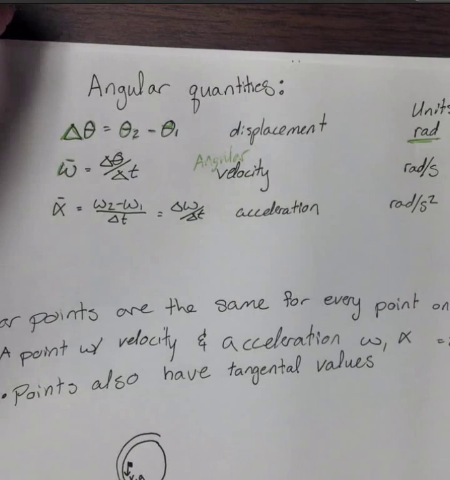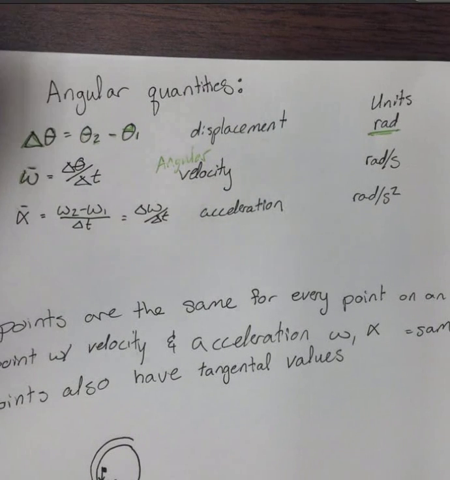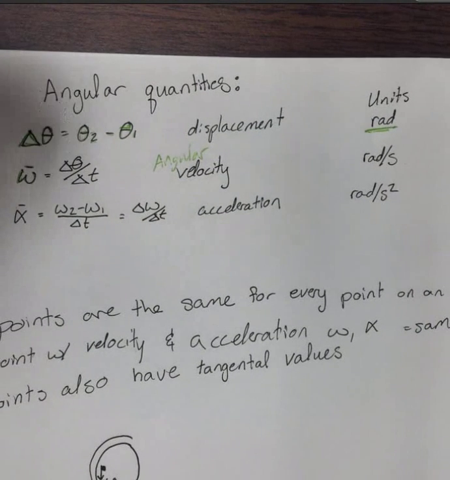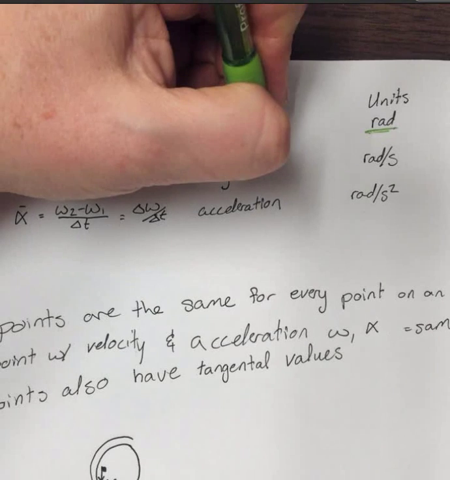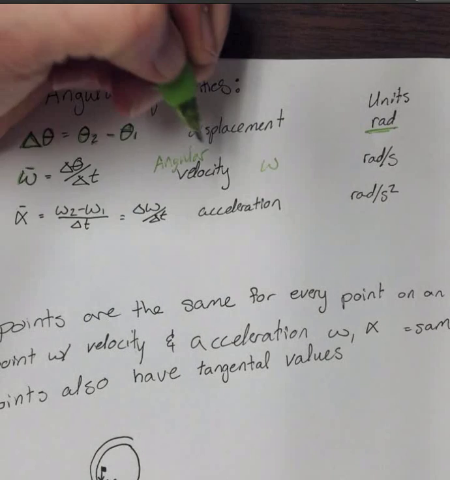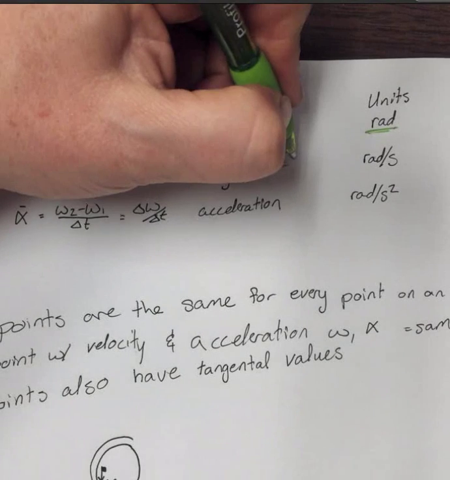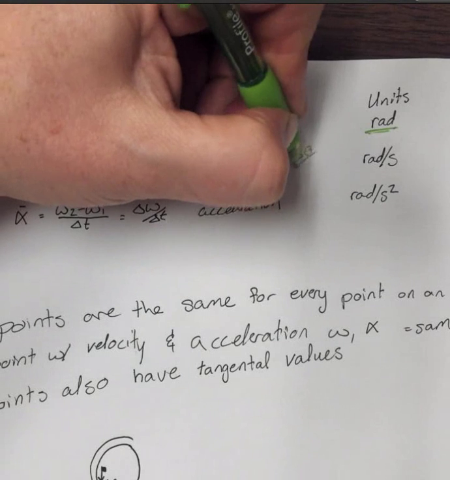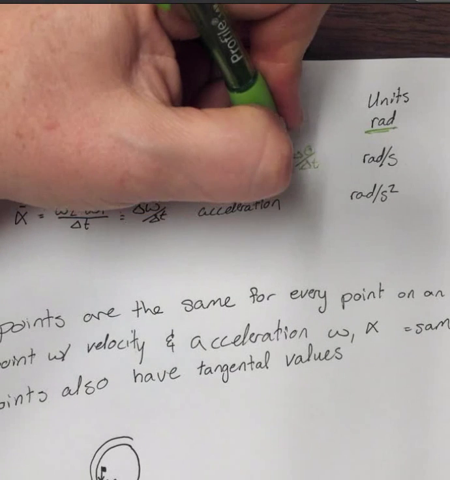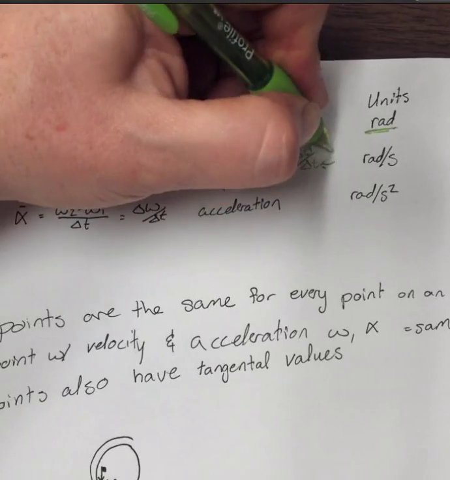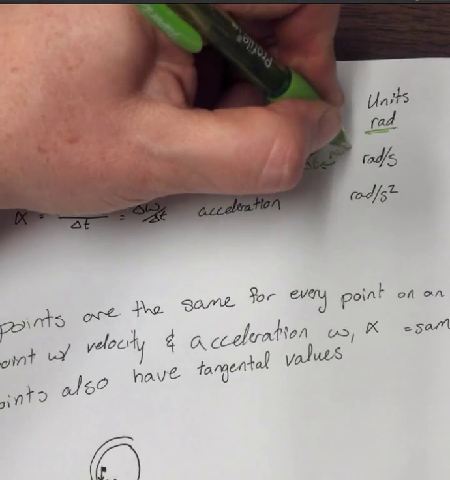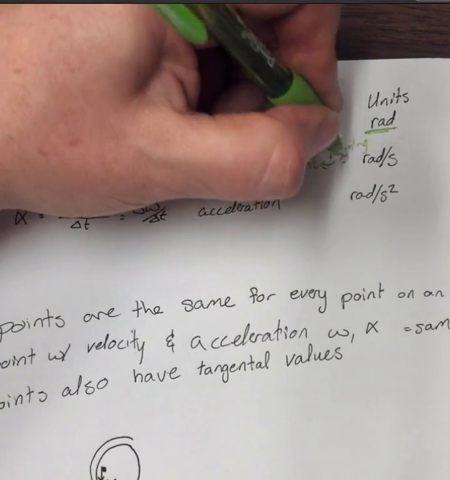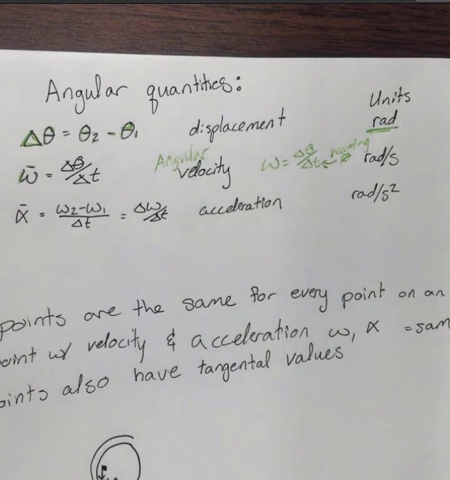If you wanted to find instantaneous velocity, you'd have to go over smaller and smaller time. So instantaneous velocity would be equal to delta theta over delta t when t is becoming close to 0 or almost 0, and that would be your instantaneous velocity.